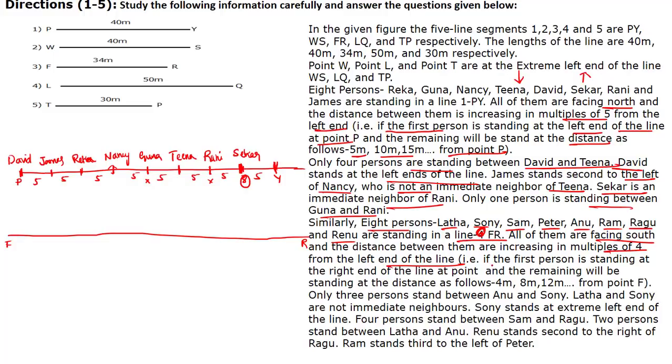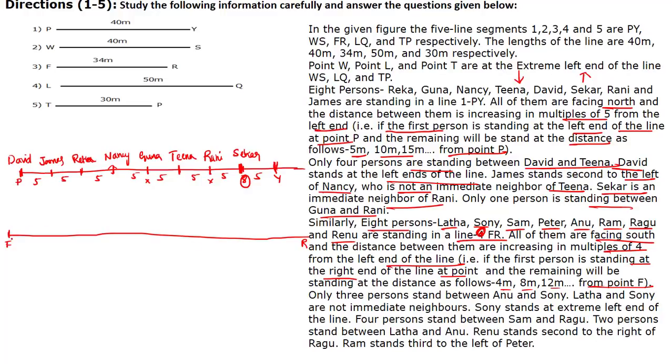The next one is that the first person is standing at the right end of the line at point F, and the remaining will be standing at a distance of 4 meters, 8 meters, 12 meters from point F. So see here friends, because all the persons are facing towards south direction, this person's right would be this.